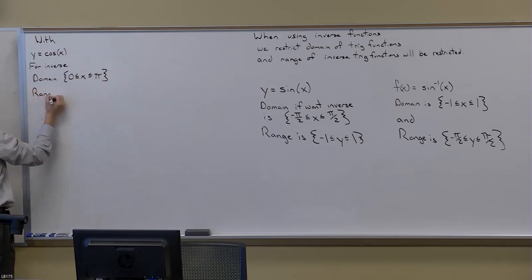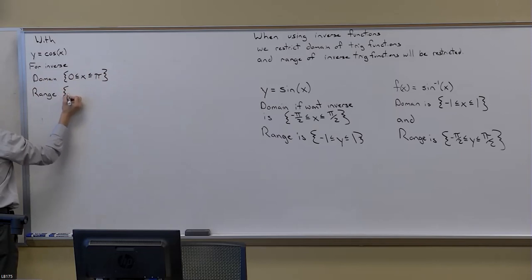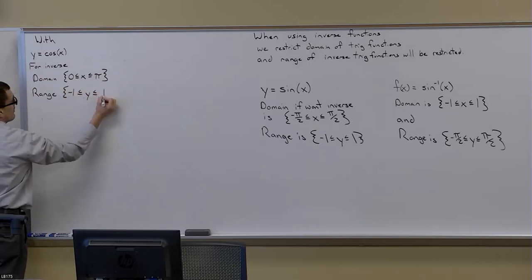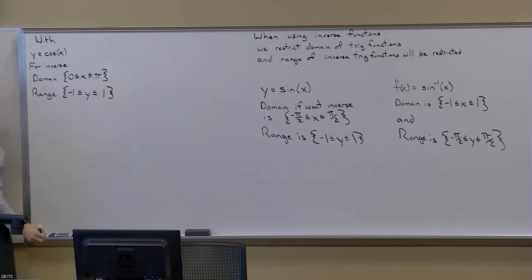And the range, well, again, cosine range is always going to be outputs between -1 and 1.